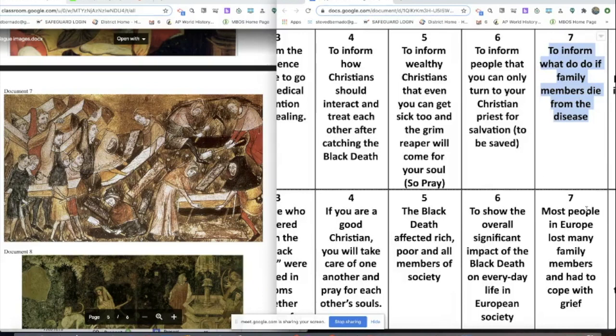And what you can infer from this image, why would somebody paint this image? Well, to inform Christian Europeans at the time what to do if family members die from the disease. How to react. How should I react if I'm a father and 4 of my children have passed?